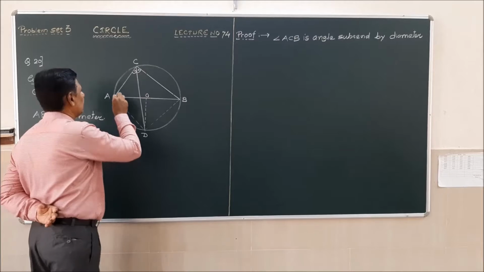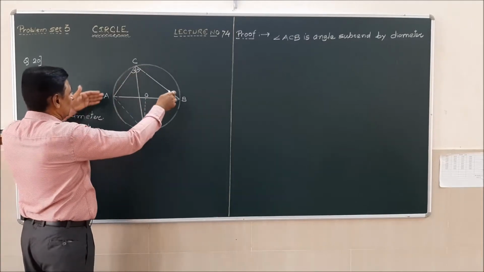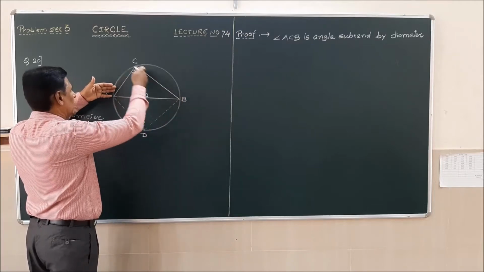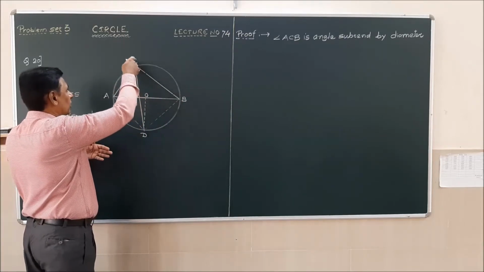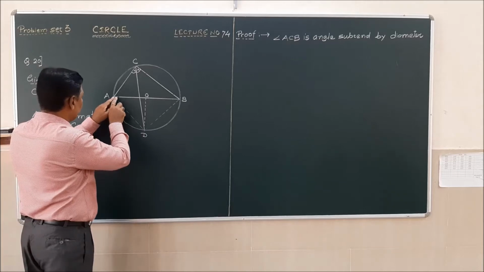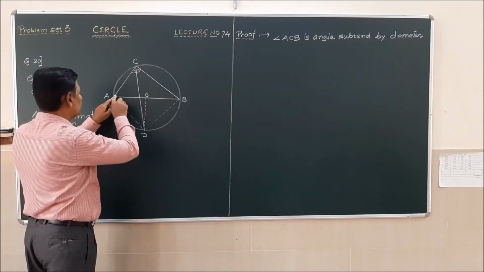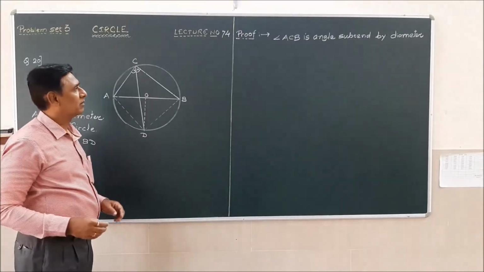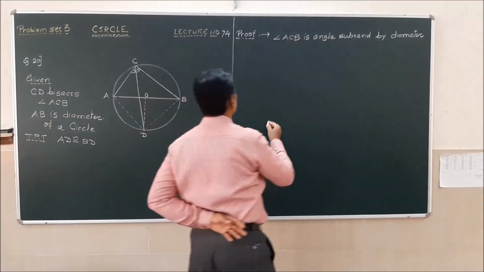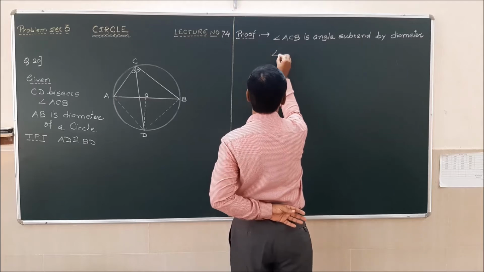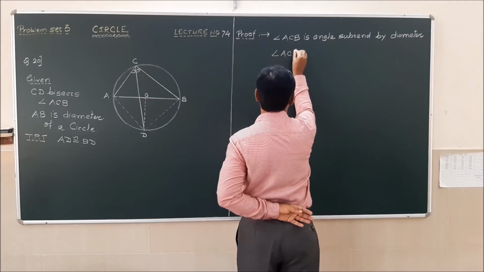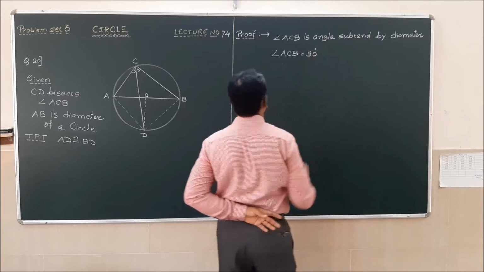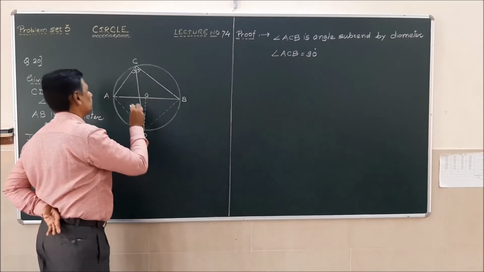Angle ACB is formed by segments AC and BC at the point of intersection C. Since AB is the diameter, angle ACB is the angle subtended by the diameter, and the angle subtended by a diameter is always 90. So angle ACB is equal to 90.